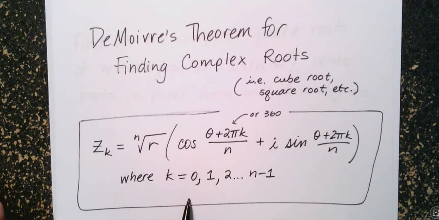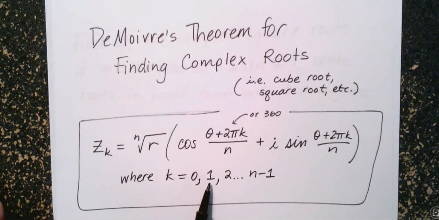So for instance, let's say I'm being asked to do a cube root. Then my n is 3. So n minus 1 would be 2. So I'm going to do 0, 1, and 2 and stop. Cube root, you'll have 3 answers. If I was going to do a square root, that would mean my n is 2. So I would do 0 and 1, which would be n minus 1.